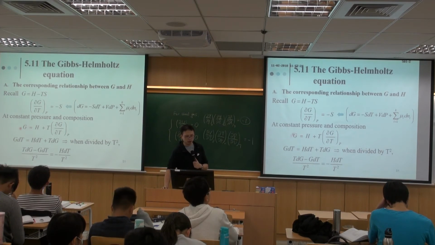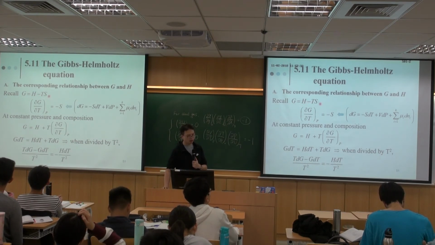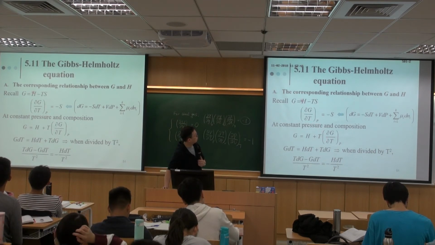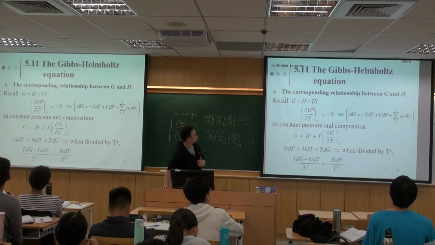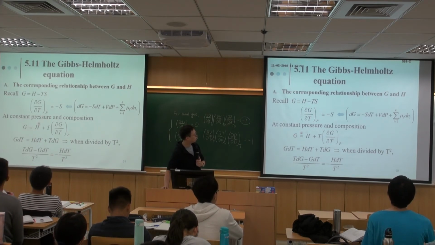We know that G is H plus T times this. The reason why is because the definition of Gibbs free energy is H minus TS, and we know that S is partial G, partial T with a minus sign. So if you plug that back into the original definition, you will have a term like this.